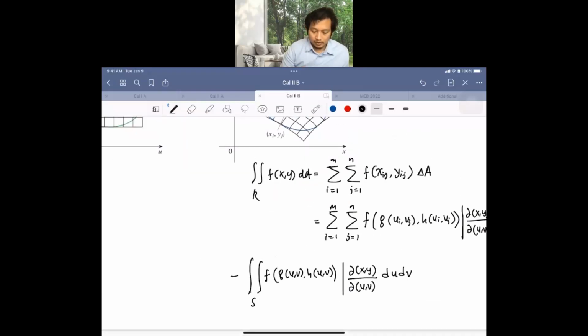So this will be a new definition in double integral.